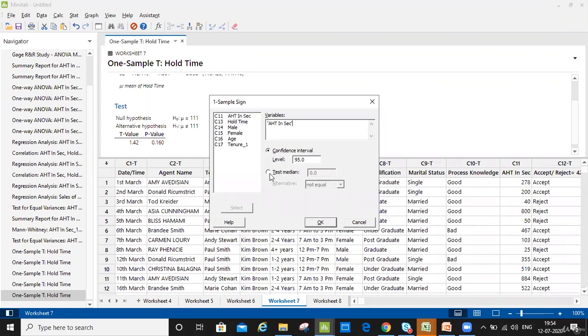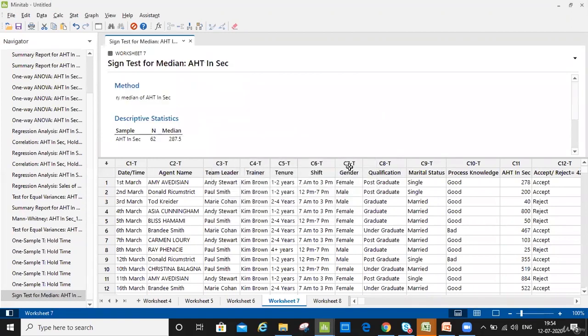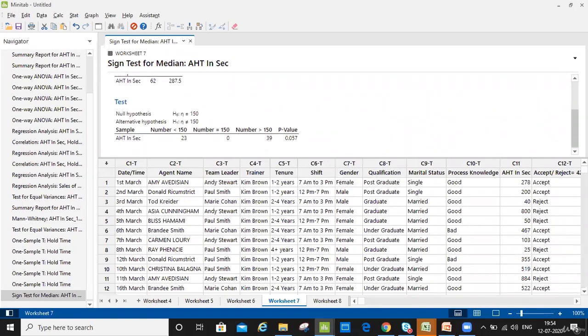Here you see it's the median, whereas earlier there was a test mean. Here you can put, let's say, 150. I don't know what the average is, so let's look at it and then we'll decide. So the median is 287 and I gave a target of 150.